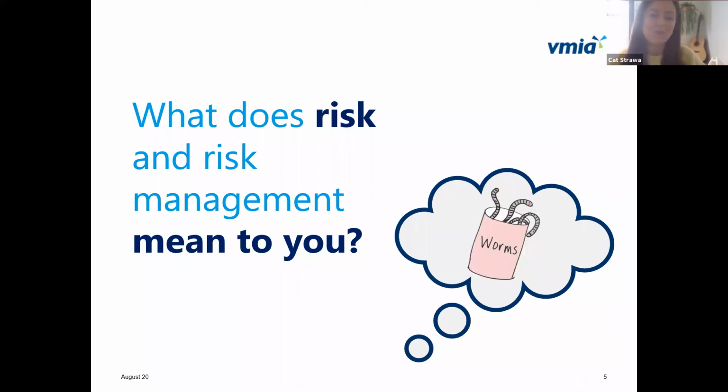You can see the image on screen is of a can of worms, and we find that people feel like exploring and identifying risk is like opening a can of worms, and sometimes people don't enjoy discussing risk, particularly in professional contexts. And we also find that people can think about risk quite differently, from personal risk taking to kind of workplace risk taking as well.